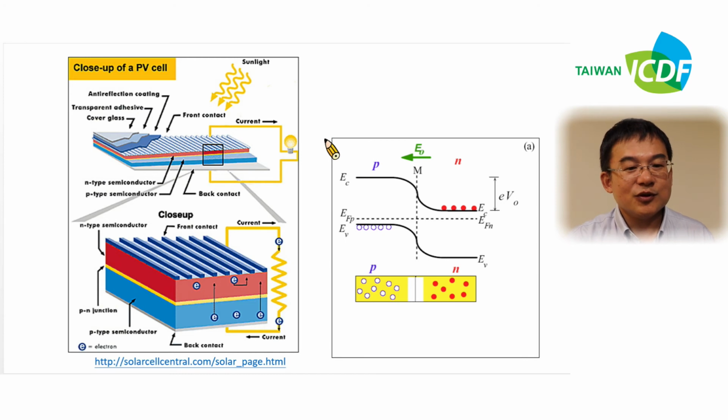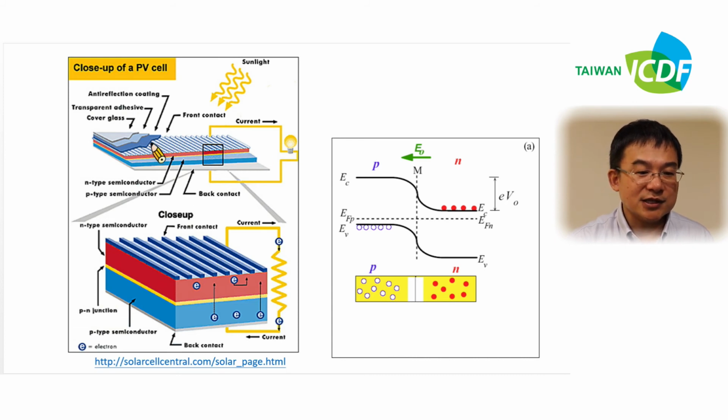So now we know the property of the sunlight. The sunlight has energy. If the sunlight is incident on the solar cell, we can produce electron hole pairs. But how to get the energy from the electron hole pair? We have to see the detailed structure of the solar cell.